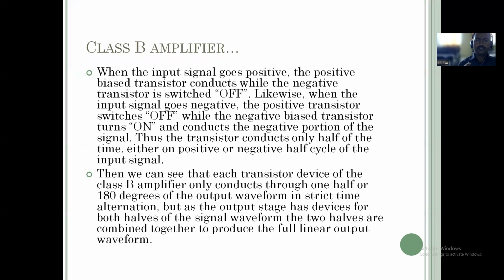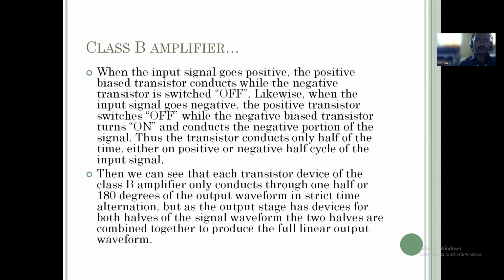See, when the input signal goes positive, I'm telling you, in the class B amplifier there are two transistors. The input signal has two half cycles, positive as well as negative.